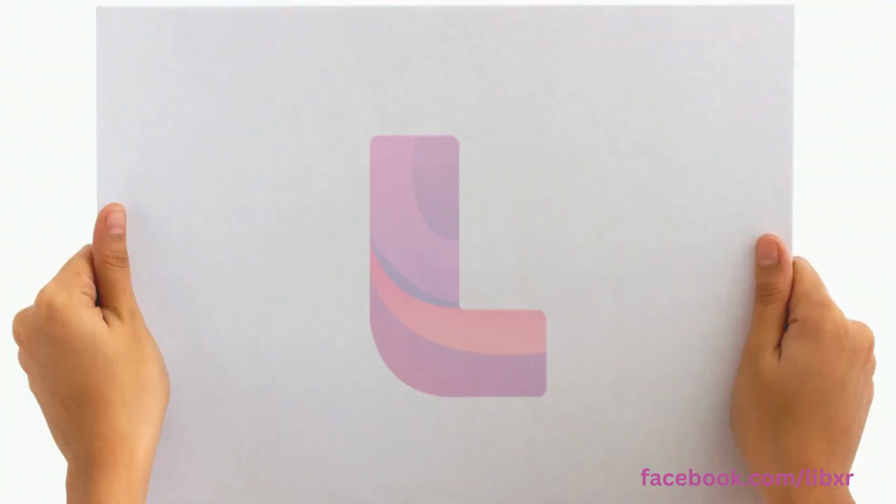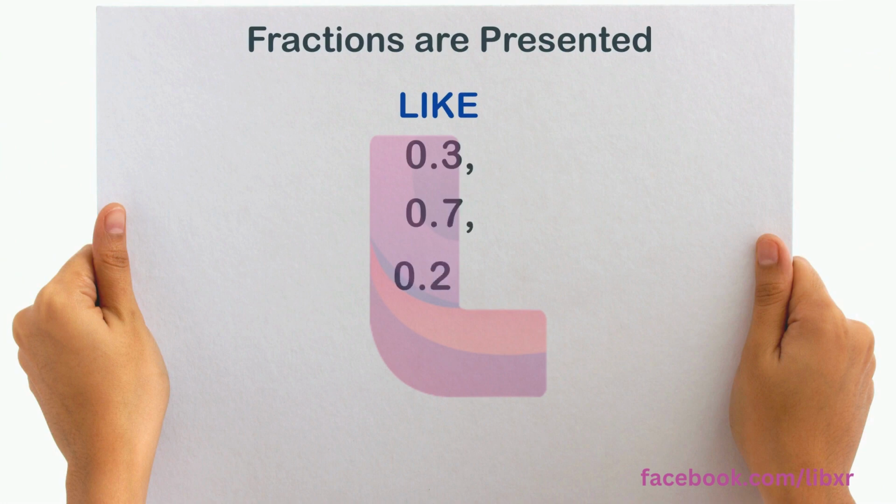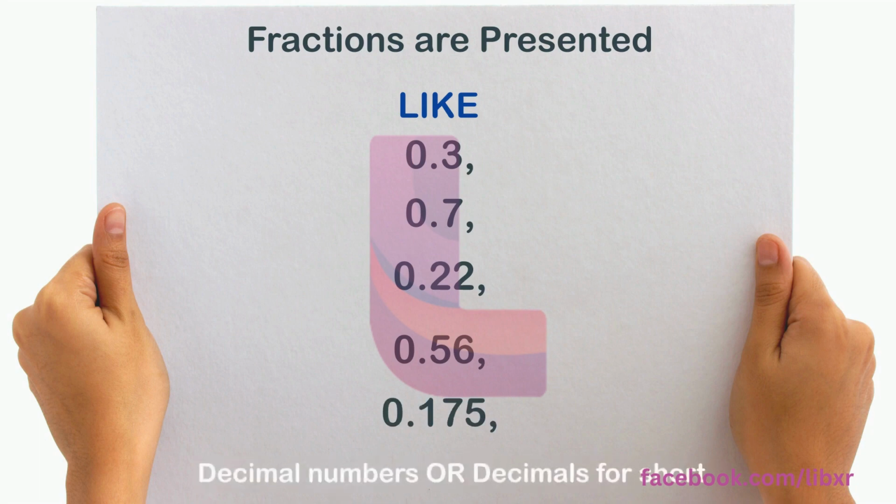When these fractions are presented this way, like 0.3, 0.7, 0.22, 0.056 and 0.175, we call them decimal numbers or decimals for short.